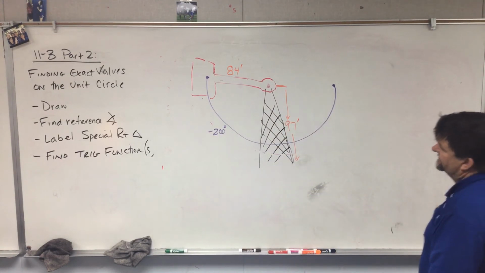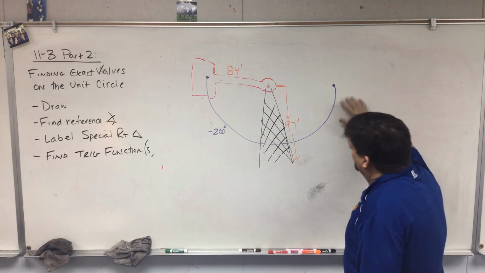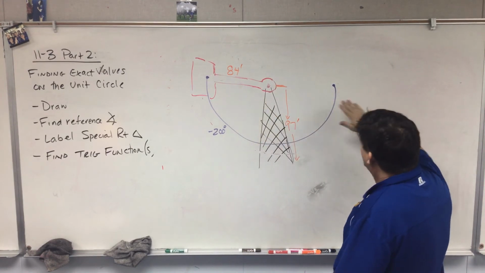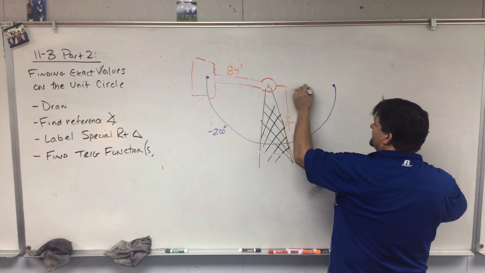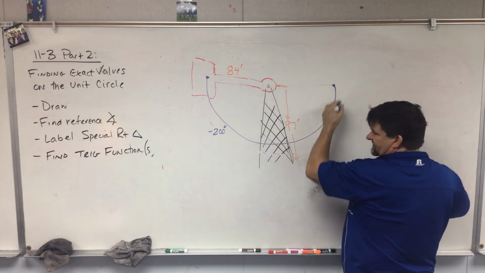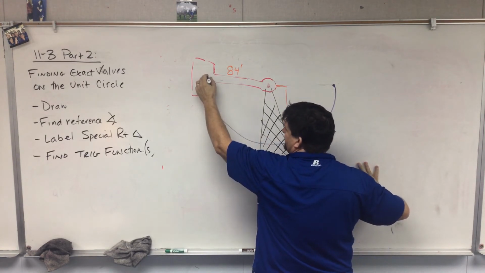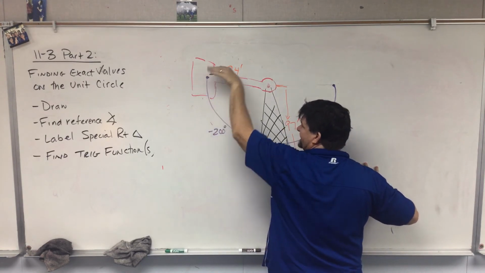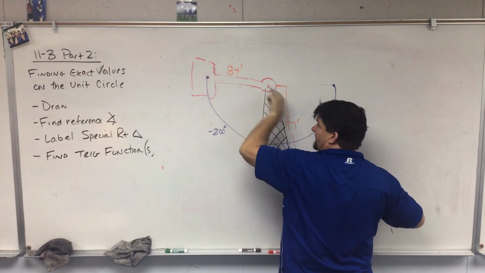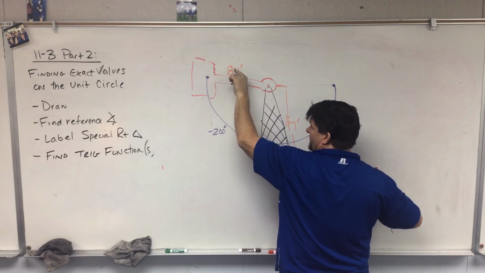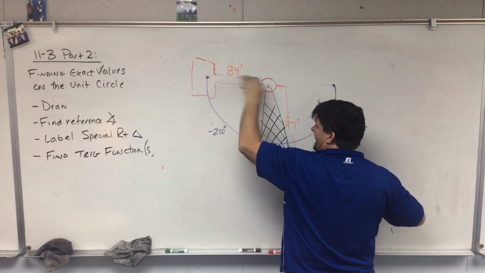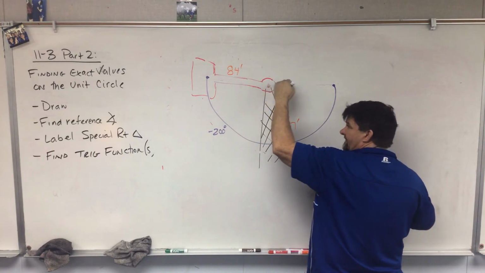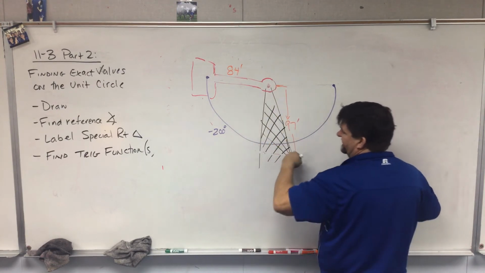Okay, so here's what we've got. We've got an initial side right here. It swings 200 degrees. As it swings 200 degrees, it stops. The arm out is 84 feet. And the height of the middle of the arm that swings is 97.